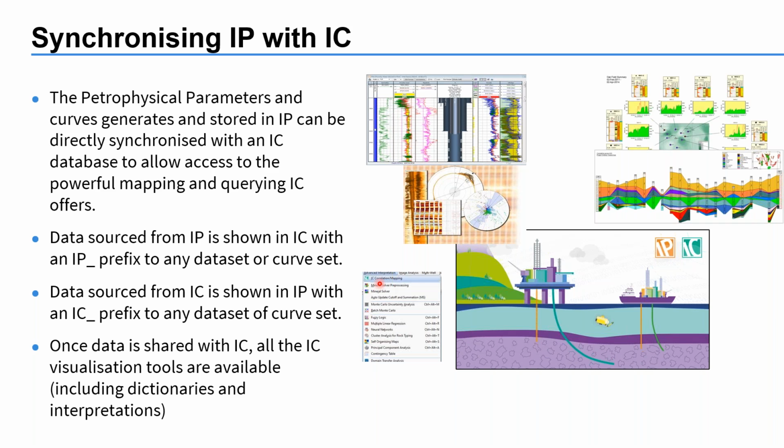So you could synchronize data like well header attributes, coordinate systems, or IP curves or IP sets. And once the synchronization is done between the two products, it creates an SQL local database.